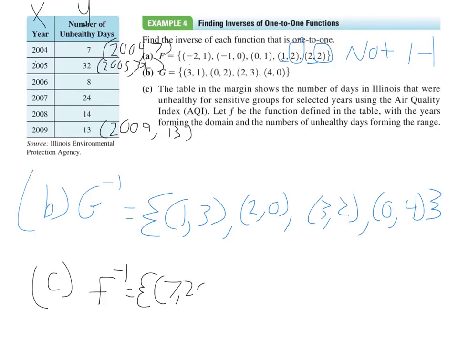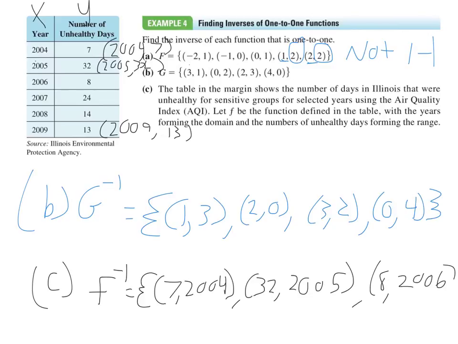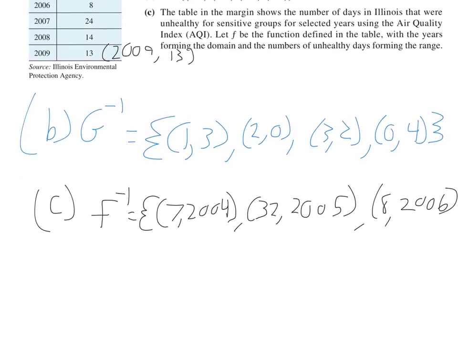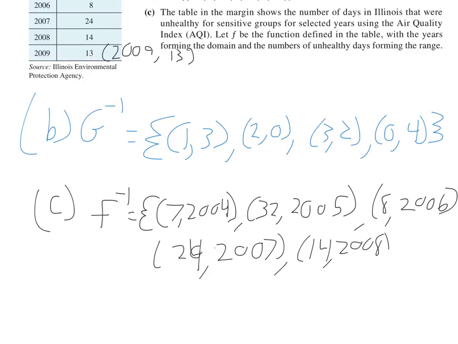So it would be (7, 2004), (32, 2005), (8, 2006), (24, 2007), (14, 2008), (13, 2009).